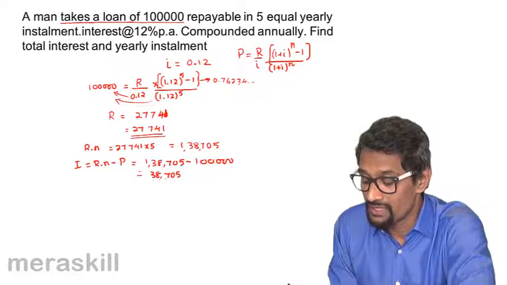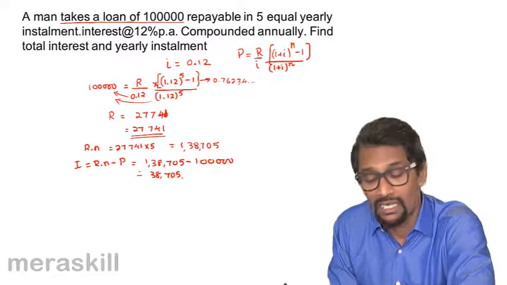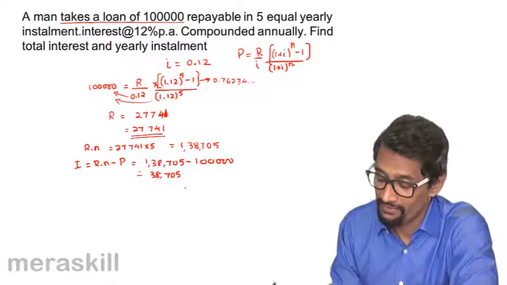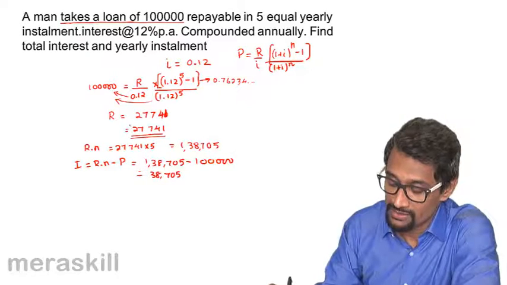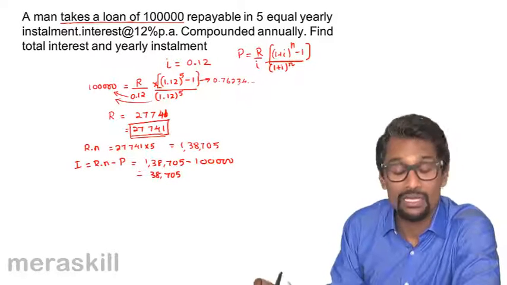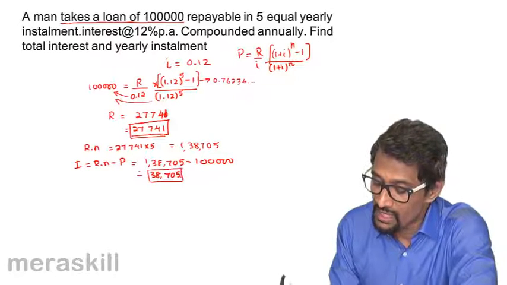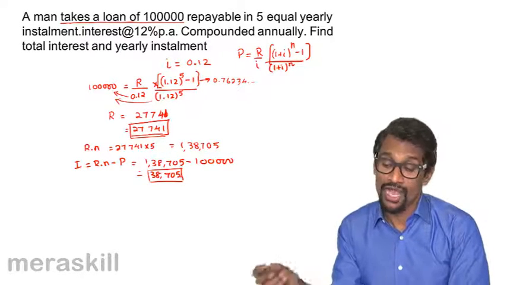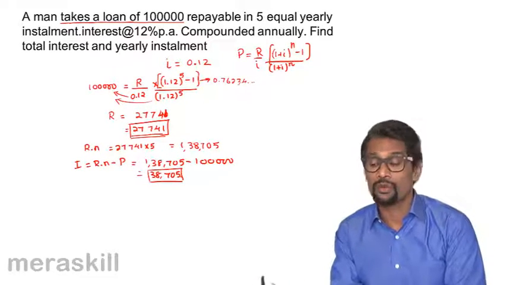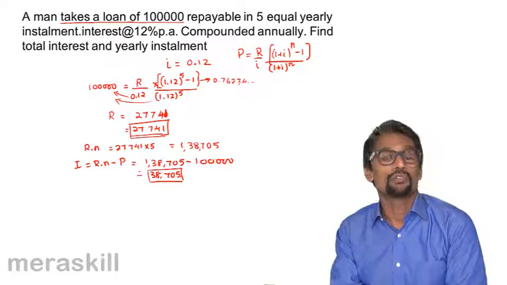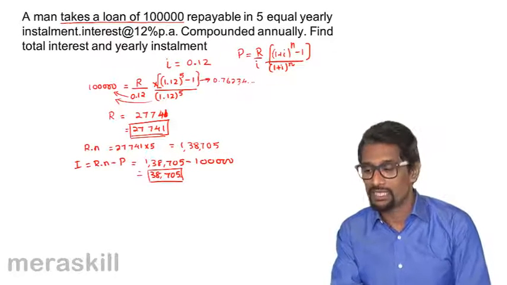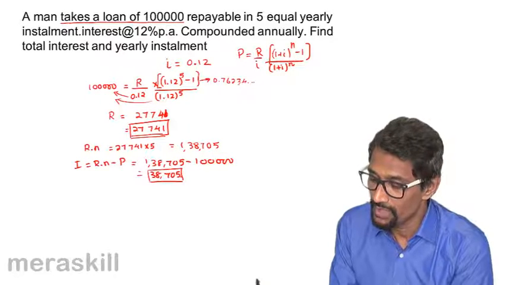So the interest that you're paying is actually 38,705 and the annual installment is 27,741. So this is how we do this kind of sum. Identification of whether it's a present value or future value solves a major part of the entire problem.